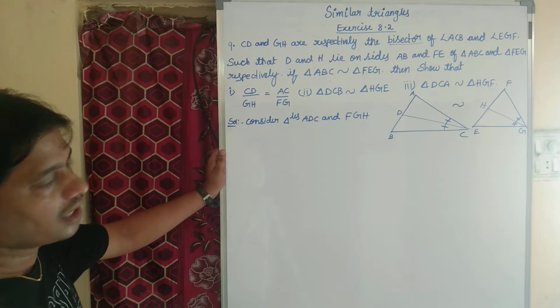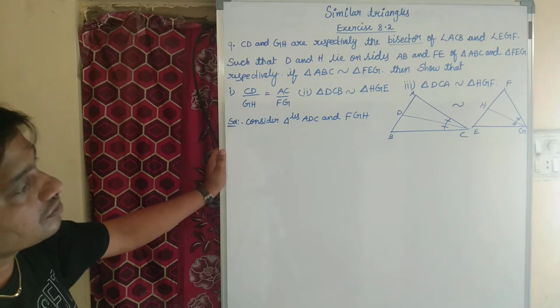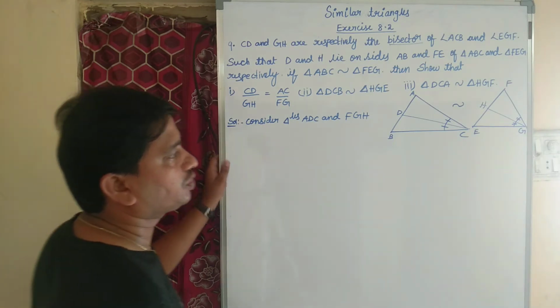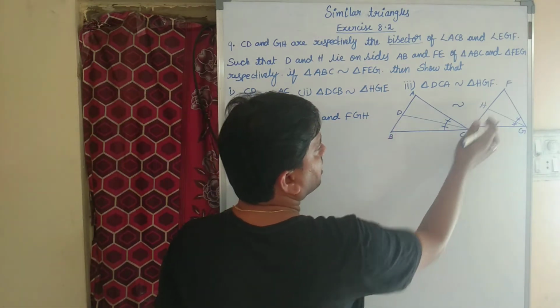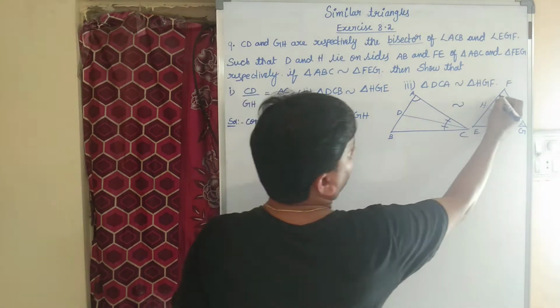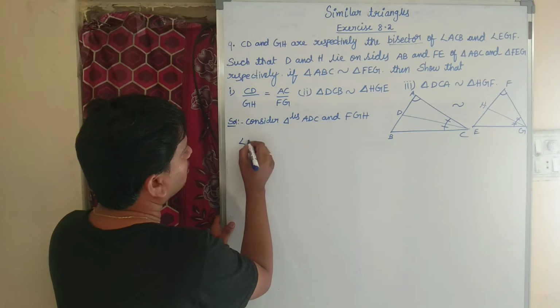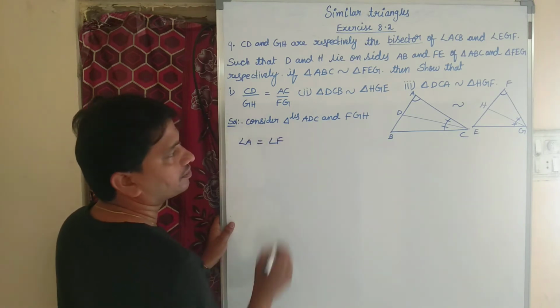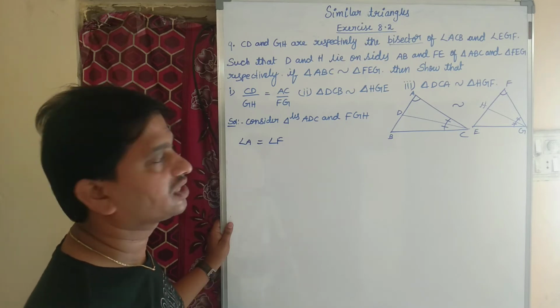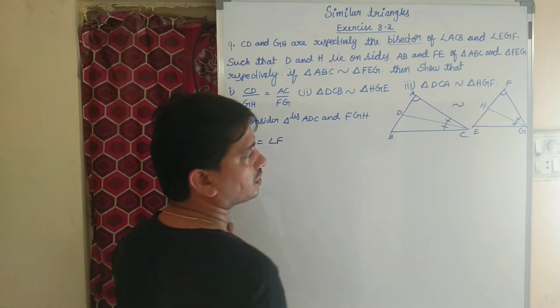Already we know that these two triangles, ABC and FEG, are similar. If they are similar, their corresponding angles are equal, angle A equal to angle F, and the corresponding sides are in the same proportion.